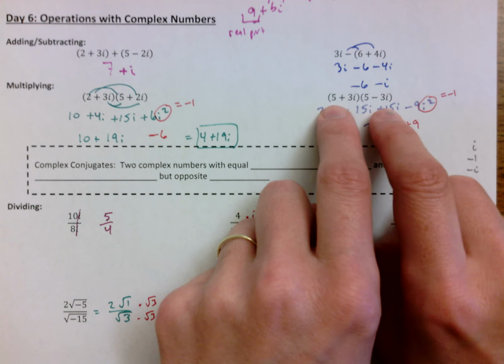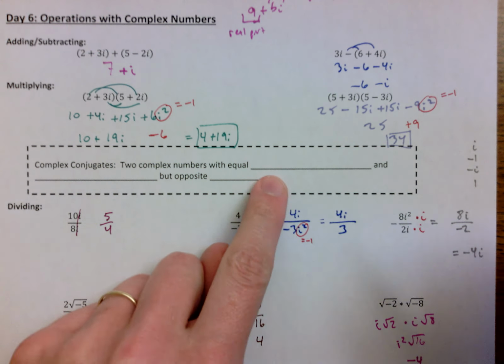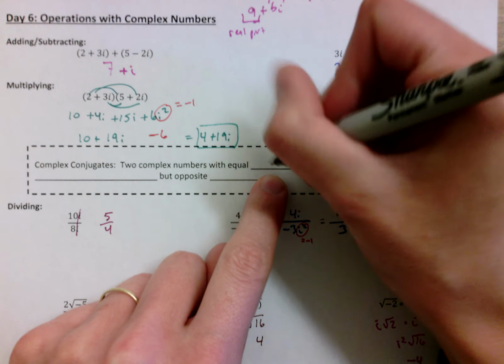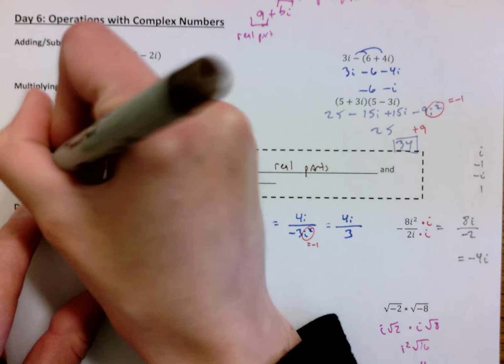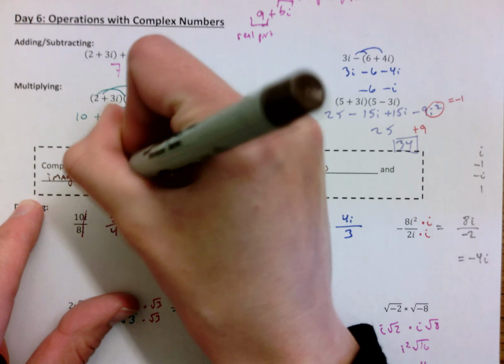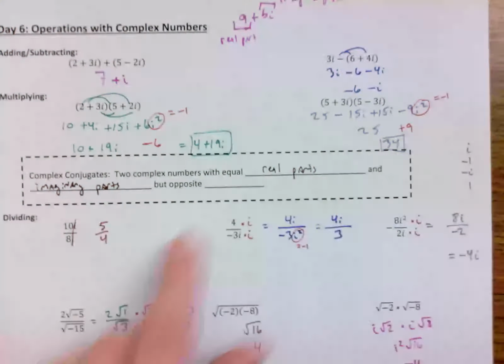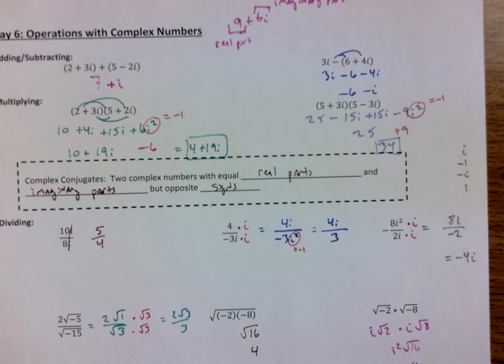One's a plus, one's a minus. So complex conjugates are two complex numbers with equal real parts and equal imaginary parts, but opposite signs. One's a plus and one's a minus.